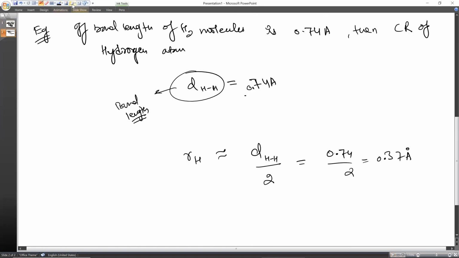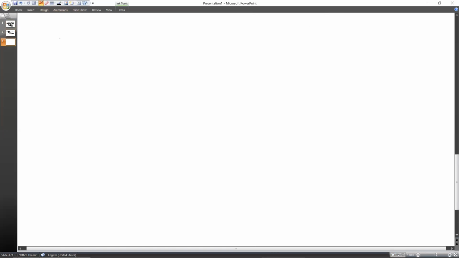Next, the covalent radius in single bonded heteronuclear atoms.